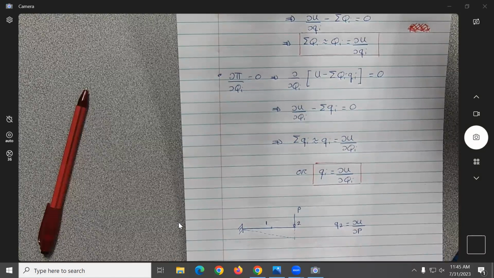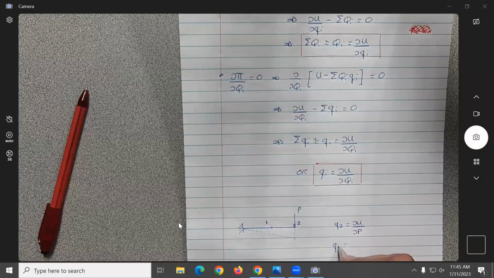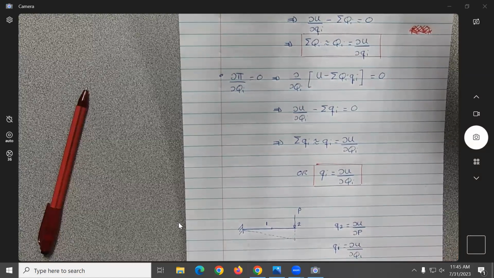Okay, now what happens if we would like to find the deformation at point 1? If we use the same thing, for point 1, we have to do what? There is no force applied at Q1, no? But in order to find the deformation at Q1, we need to apply a force.